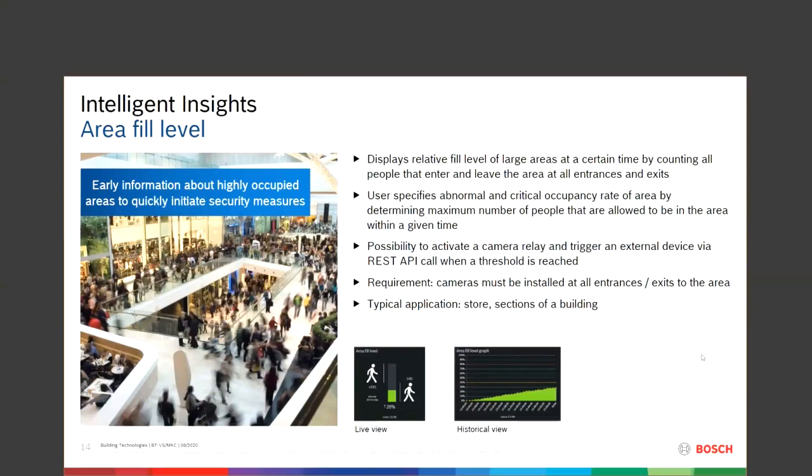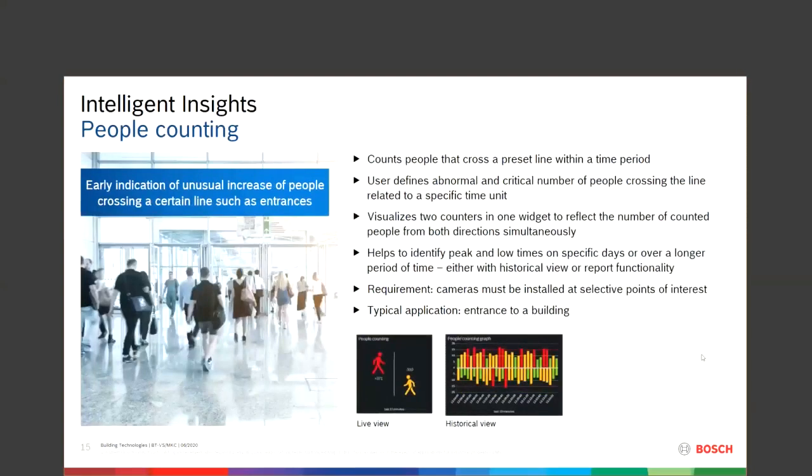What's interesting here with the REST API interface is that we can also try to reach third-party systems, but the easiest way already available is that we can activate a camera relay, and through this camera relay we can also interface to external systems.